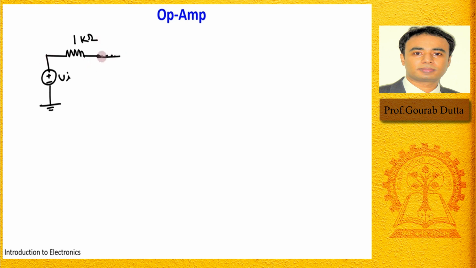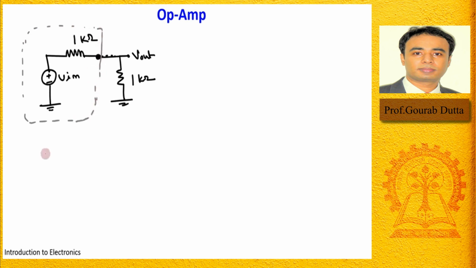And suppose this is actually driving one load resistance, whose value is also 1 kilo ohm, right? So basically you are taking the output from here, from this V in, right? This is the source part, and it is driving this load 1 kilo ohm, right?